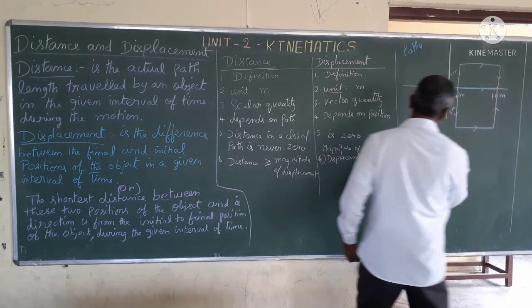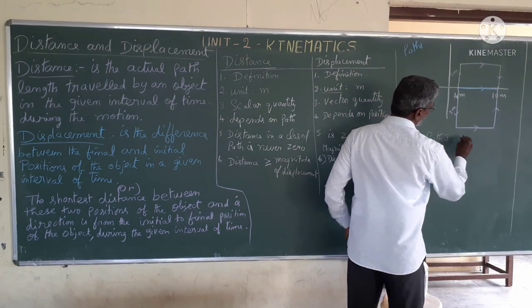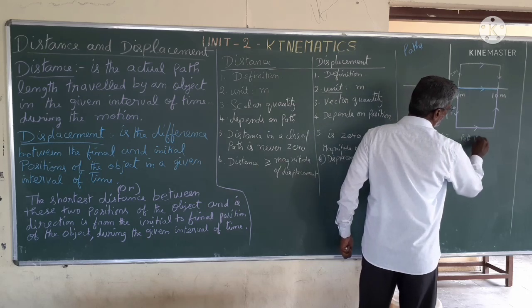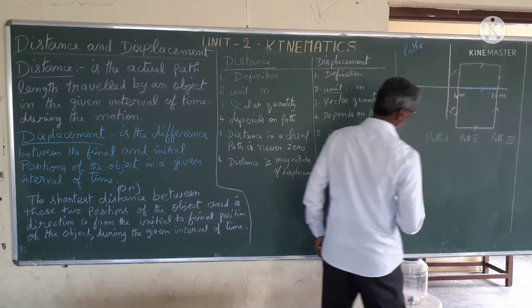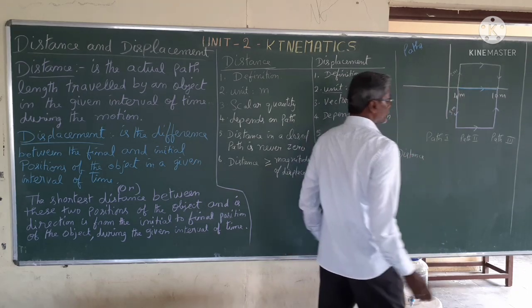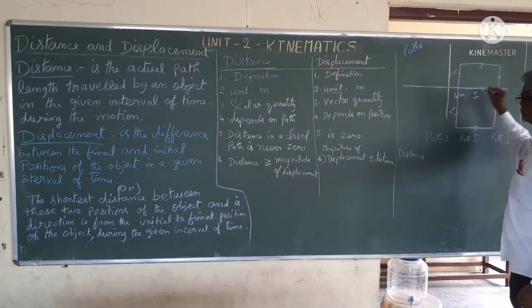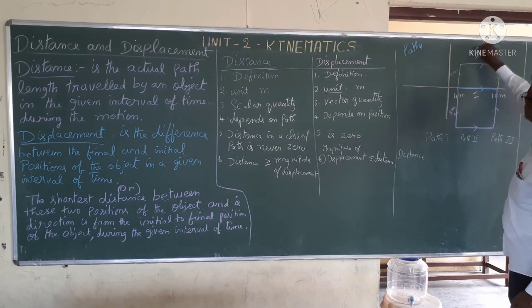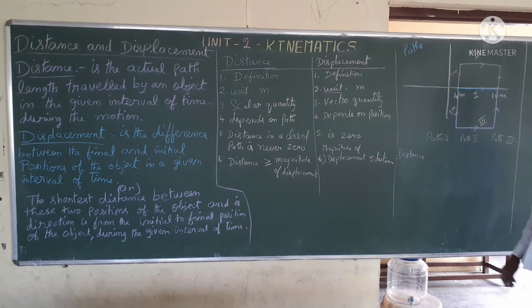So path 1, path 2, and path 3. Now we will check the distance. This one we consider path 1, this one path 2, and this one the third.